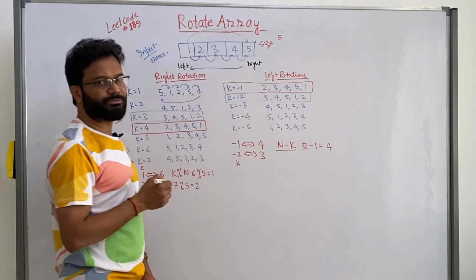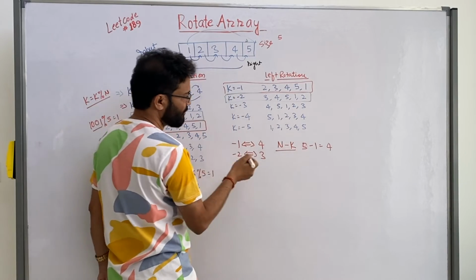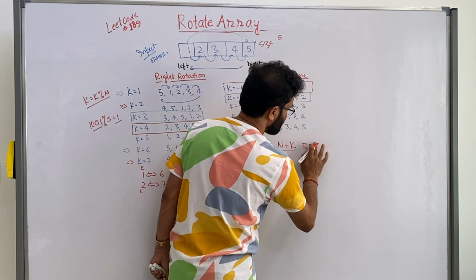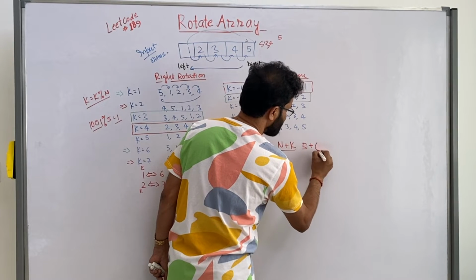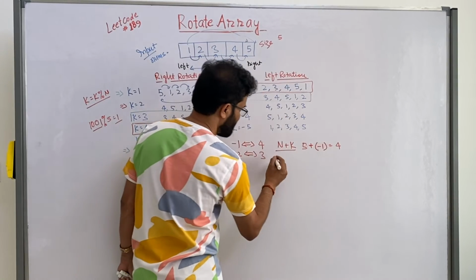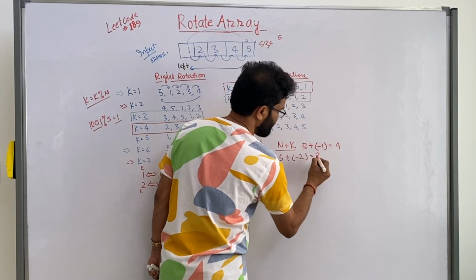So you can see the simple thing. Means if you want the formula, if you want to take the minus 1, actually you have to add n plus k. So what happens? N plus minus 1 equal to 4. For this also, 5 plus minus 2 is equal to 3.